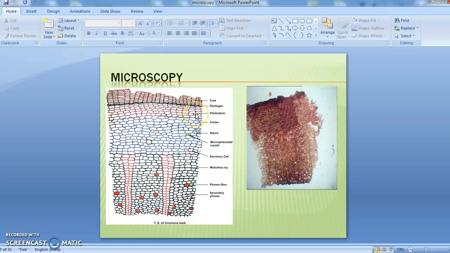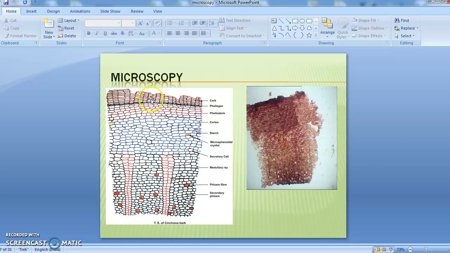Below that the phelloderm is present. It is made up of several layers of regular, thin walled rectangular cells, of somewhat similar nature. Any intercellular space is not present in between the phelloderm and phellogen.